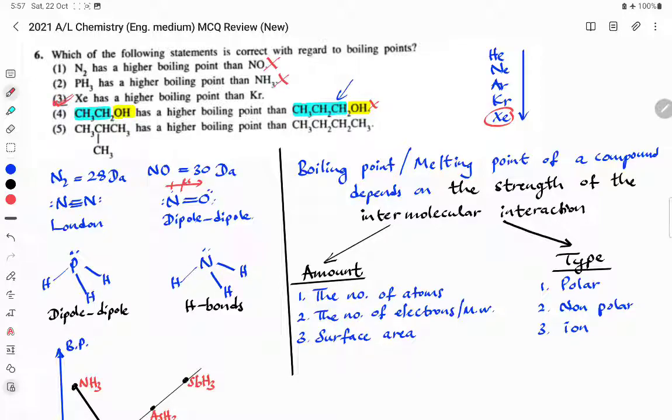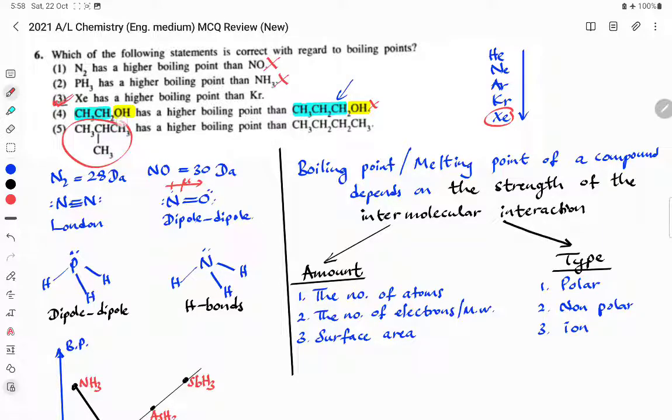Fifth statement, this compound has a higher boiling point than this one. So this is isobutane, this is butane. Now both of them have the same number of atoms, same number of electrons, same molecular weight, but their surface area is different, and they have the same type of interaction. Since they are alkanes, they form London forces.